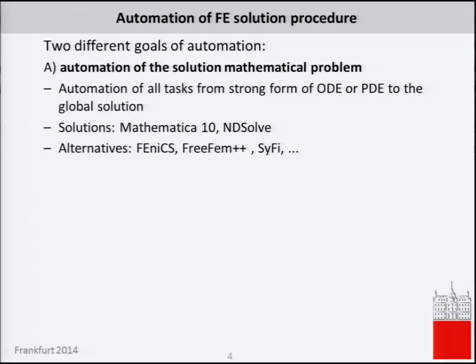The next version of Mathematica 10 will have this kind of capability built in, done by Oliver, and I think it's very good work. There will be meshing inside. We have been waiting for a long time for this kind of capability, so we will be very happy to try it out.